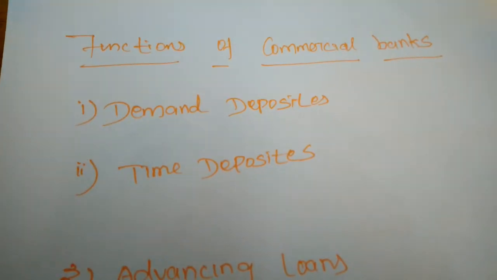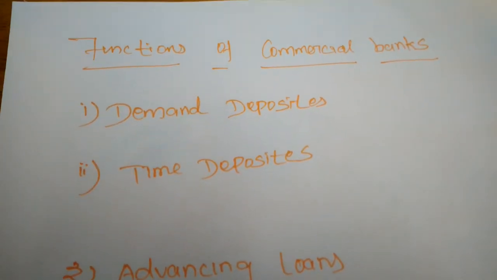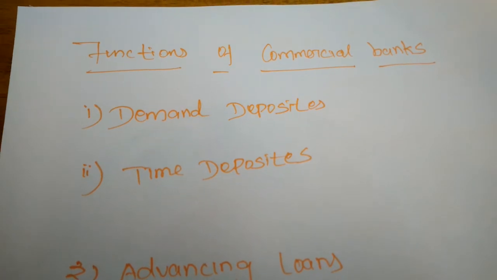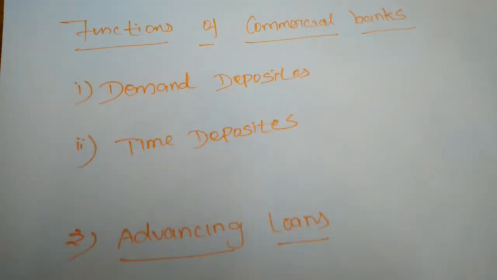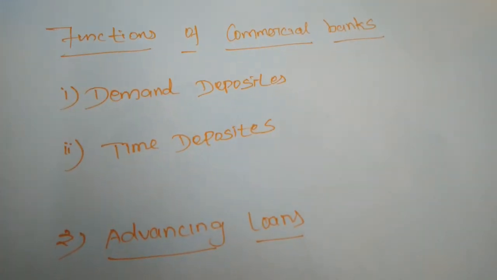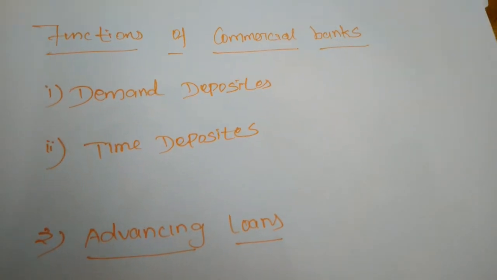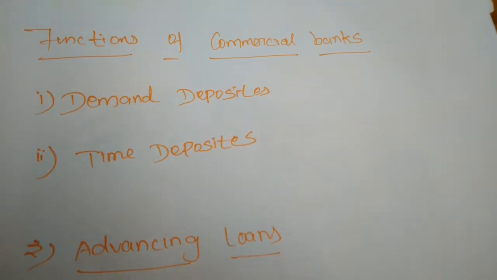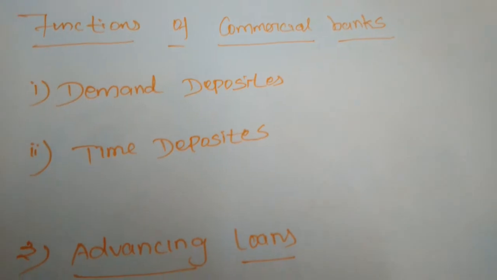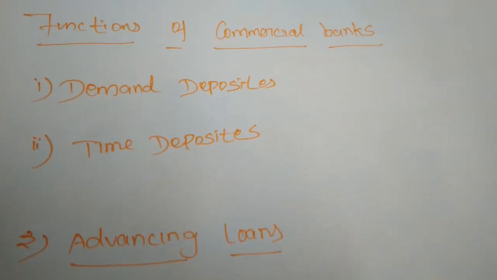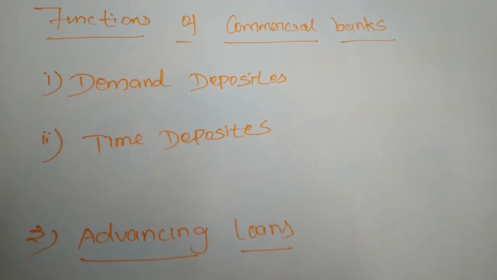Demand deposit refers to a deposit that can be withdrawn by individuals without any prior notice to the bank. Normally, all persons maintain demand deposits only for the purpose of withdrawing money from the bank at any time without prior notice.